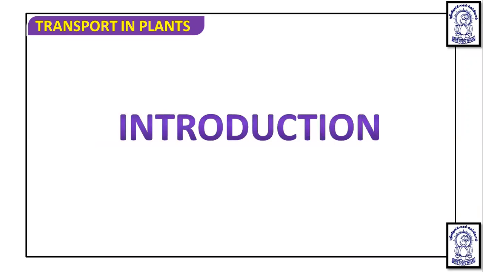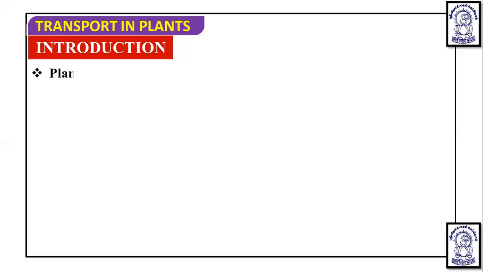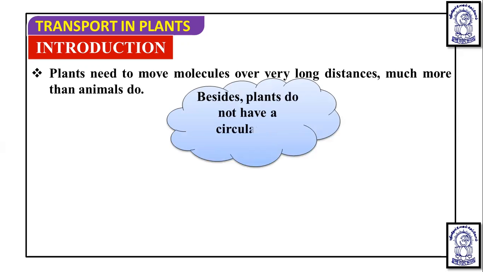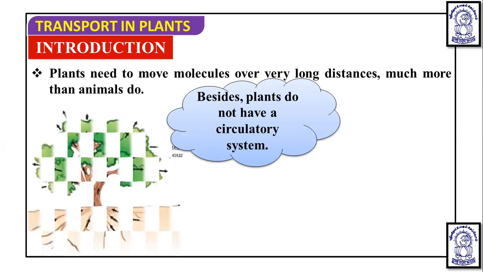So now, if we introduce it, then dear students, plants need to move molecules over a very long distance, much more than animals do, obviously, because the plants are comparatively larger in size or taller in height. Besides, plants do not have a circulatory system.